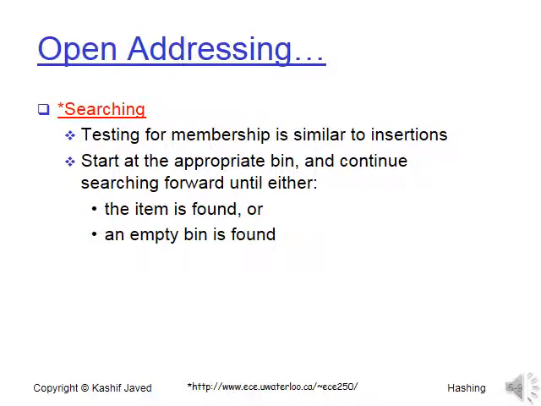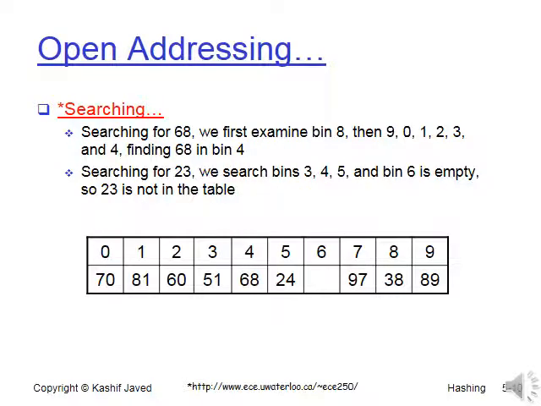Testing for membership is similar to insertions. Start at the appropriate bin and continue searching forward until either the item is found or an empty bin is found. Searching for 68, whose least significant digit is 8, we first examine bin 8 where it's not present.